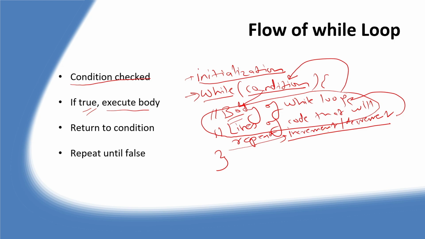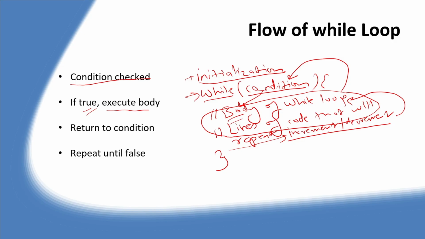I will explain this part later, whether increment or decrement is optional or mandatory. But for now, understand that increment or decrement is part of body in while loop. If I am saying execution of body, that means increment or decrement is also happening. It might be at the start of the body, it might be at the end of the body. We will see different examples.